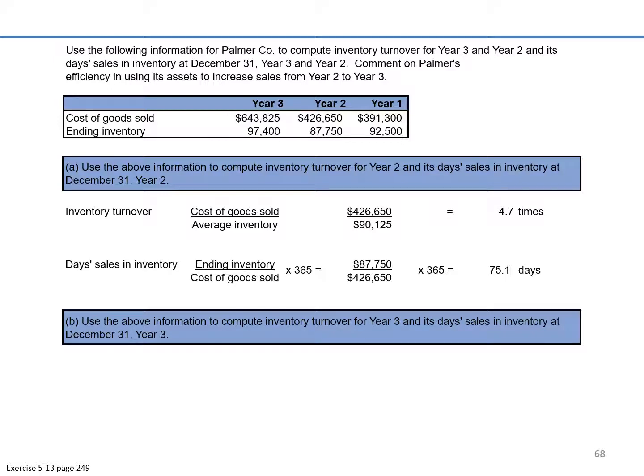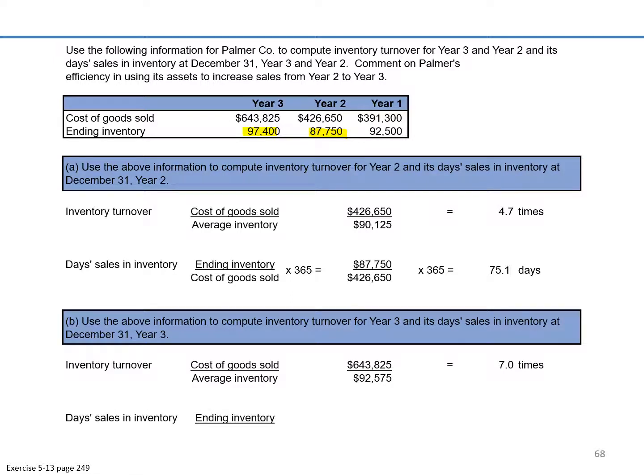We do the same thing for year 3. Inventory turnover, cost of goods sold is $643,825 in year 3, divided by average inventory, which would be your $97,400 plus $87,750. That's end of the year plus beginning of the year divided by 2 is the average. $92,575 or 7.0 times.